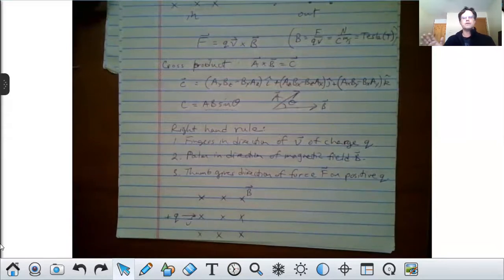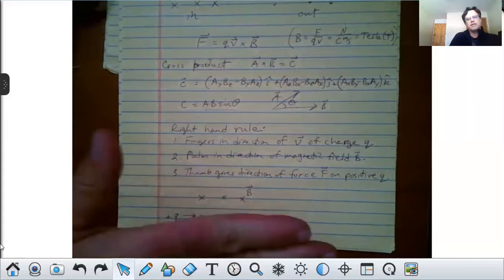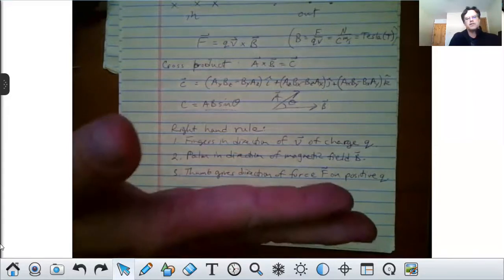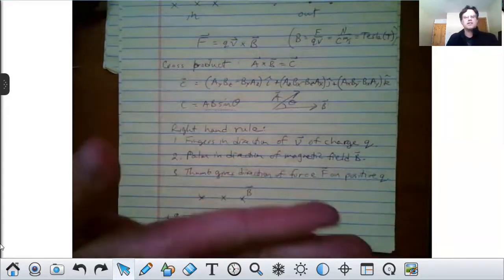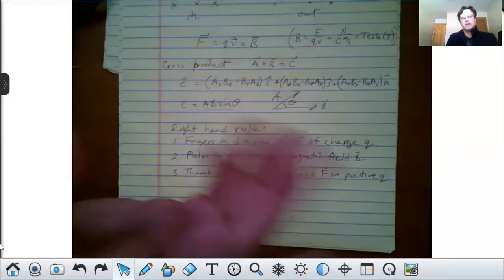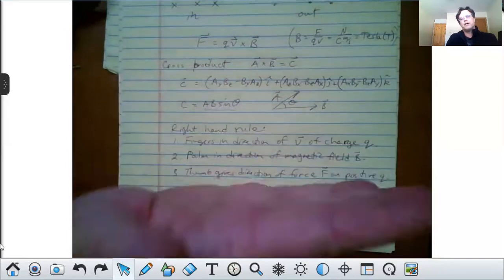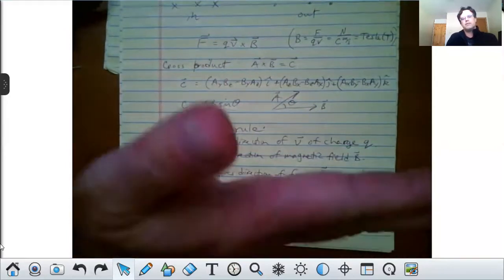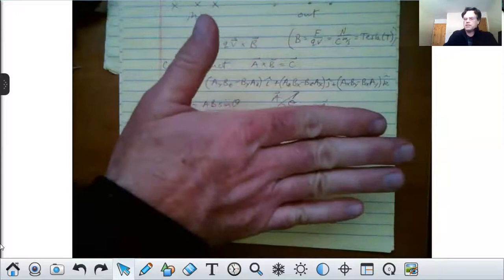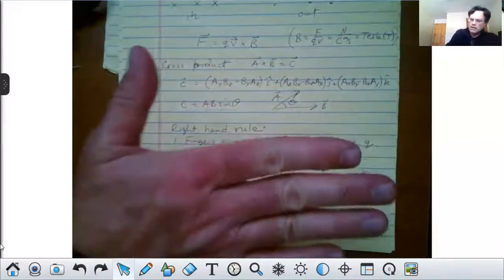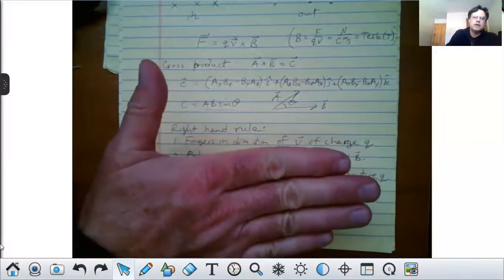Okay, I use the first step. I put my fingers in the direction of V. It's kind of hard to see, and easier if I could stand in the classroom, but my fingers are going to the right. Now I face my palm in the direction of B, which means I put it flat on the page. It's like the magnetic field is coming out of my palm into the page.